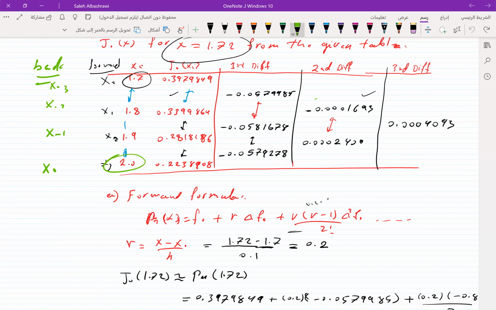It means that the r will be different. When we say x minus x sub 0 over h, it is not the same r given in the forward. We have to go for the last one.